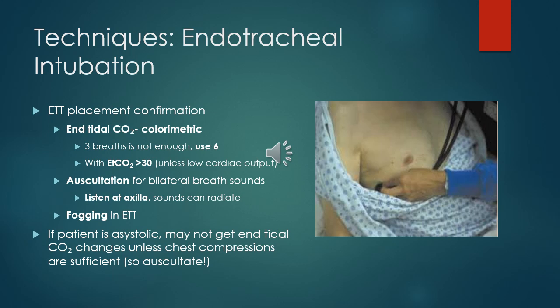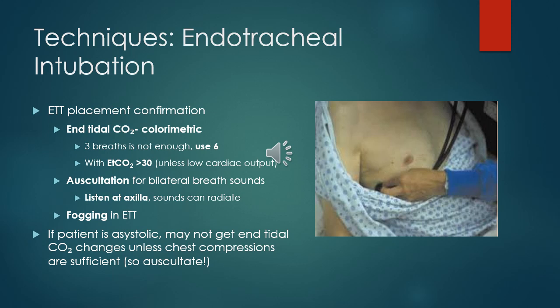Ways to confirm that you successfully intubated. The gold standard is end tidal capnography of at least 30 for 6 consecutive breaths. Failing that, a colorimetric change over at least 6 breaths again is an adequate option. Always auscultate in both axilla. That can help ensure that you're not hearing sounds radiating from elsewhere, and it also can allow you to assess the appropriate depth of the endotracheal tube.